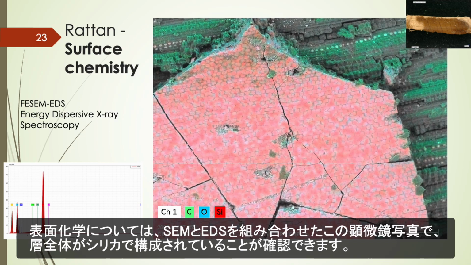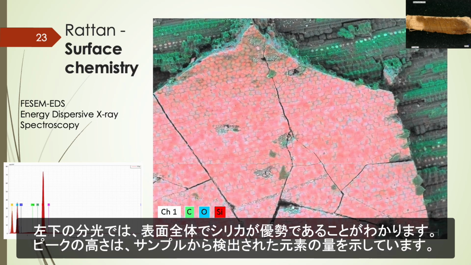As to the surface chemistry, this micrograph is a combination of scanning electron micrograph and EDS. The mapping confirms that the entire layer was composed primarily of silica. On the spectrum below, on the bottom left, you can see that the predominant element was silica, and that is expressed by the highest peak present in that spectrum.